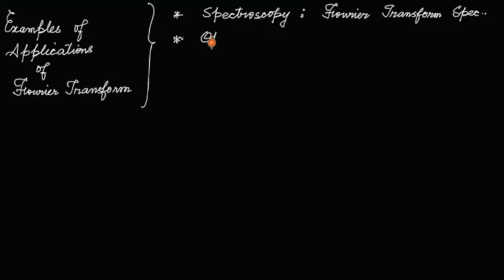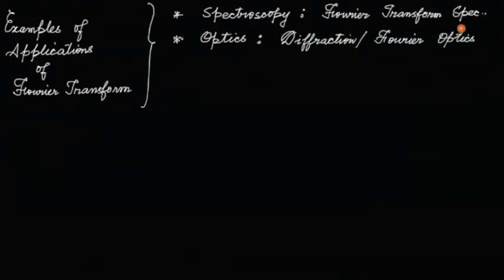So essentially we are going to the realm of optics. There is a way of looking at diffraction using the Fourier transforms. So this is essentially the theory of diffraction. Sometimes it is called Fourier optics as well.